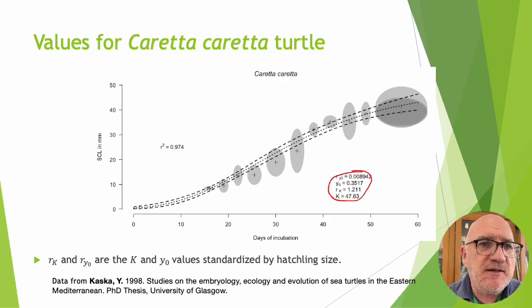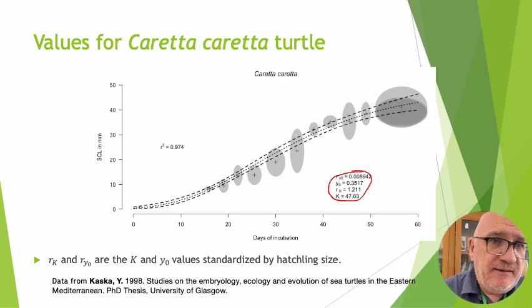This is normal because the K values are proportional to the size of hatchlings, and hatchlings of Emys orbicularis are much smaller than the hatchlings of Caretta caretta. That's why the RK, the value of K divided by the size of hatchlings, is a better description and could be a species-independent parameter.